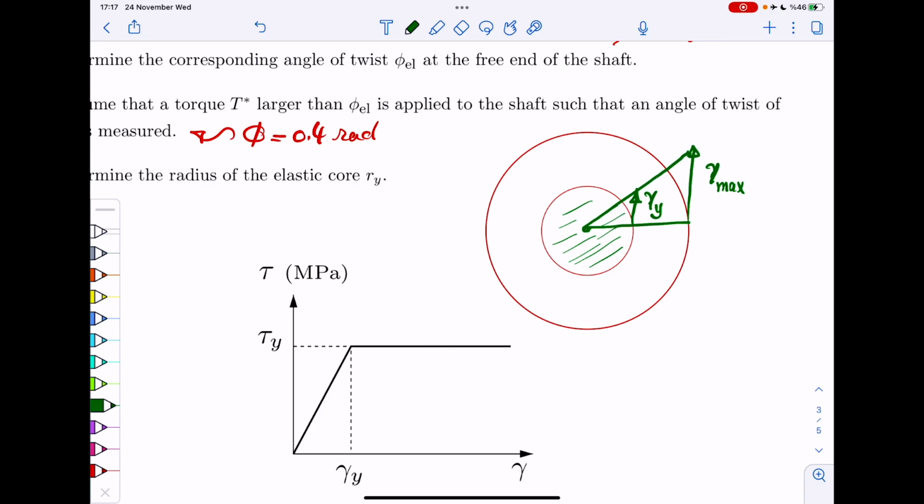So the maximum shear stress you can have here happens here, and that is tau y, which corresponds to gamma y. So this gives you immediately the relation here that if you call this ry, the radius of the elastic core, and then you know the radius of the whole thing is c, this immediately tells you that gamma y divided by ry is gamma max divided by c.